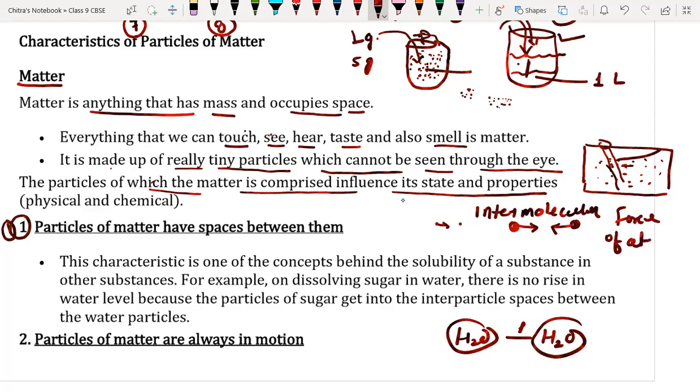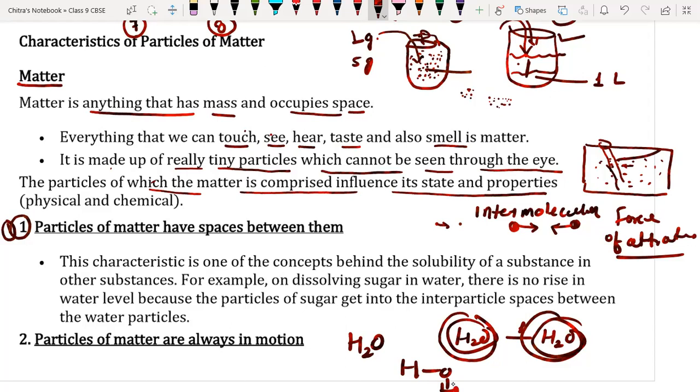In H2O we have hydrogen, oxygen and hydrogen bonds, but between one water molecule and another, suppose in ice form, ice cannot be broken easily, right? If you heat it, then it is going to melt. So one water molecule is strongly bonded with another. What is the force acting between them? It is the intermolecular force of attraction.